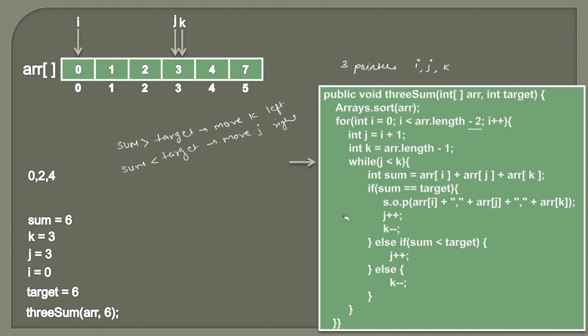So this while loop will terminate. So the control will reach here. Now we will simply increment i by one position with i++. So i will become 1.